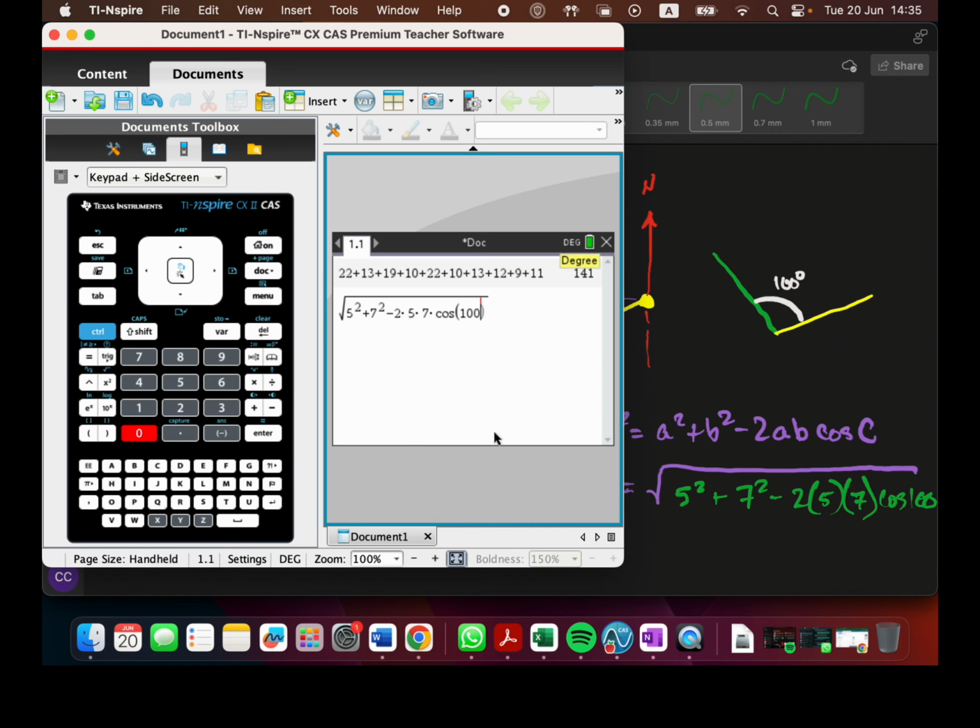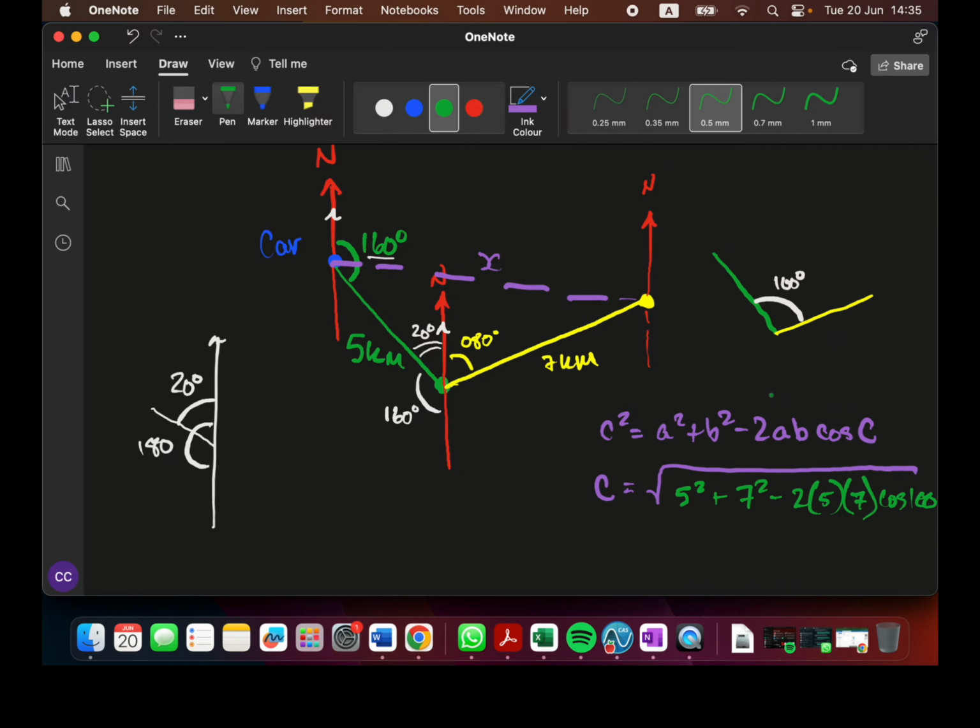I'm in degrees. We're good to go. Of course, my calculator does that, so I just got to add a decimal. And what that says is we're about 9.28. So that distance away, x, is approximately 9.28 kilometers.